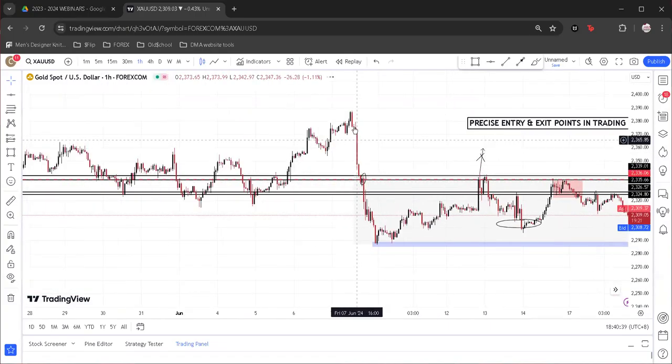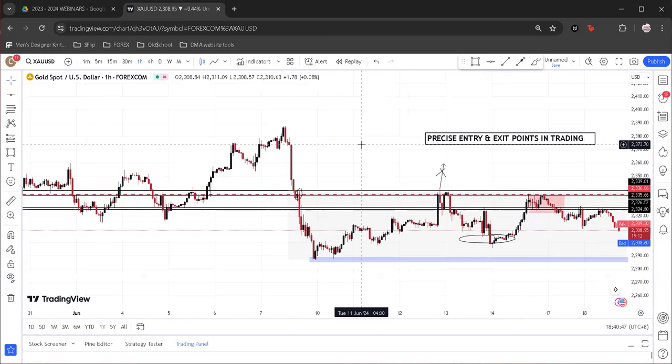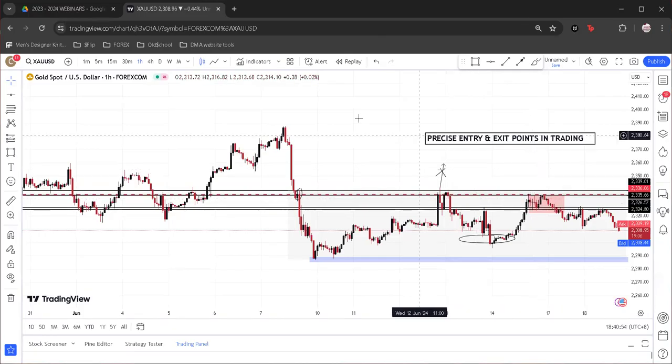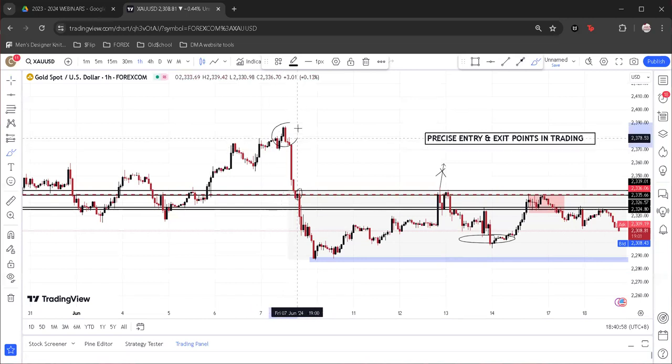For instance, we got 300 pips within 30 minutes, guys. 300 pips from the sell on the Friday, 300 pips within 30 minutes. And it took us how long to get 100 pips? It took you more than 7 or 8 hours to get 100 pips, when here it took 30 minutes to get 300 pips.